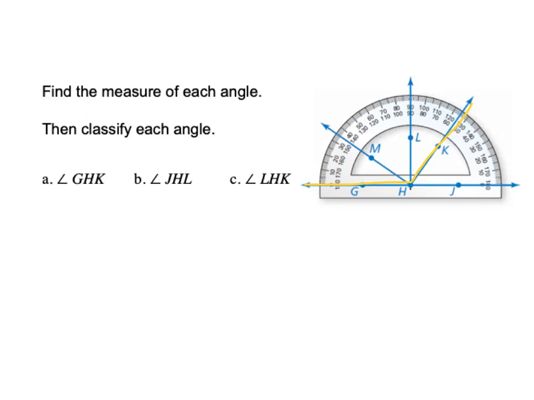Just looking at the angle I've highlighted in yellow, we can see that it's going to be an obtuse angle, so we know it should be greater than 90 degrees. If you look, it goes to approximately between 120 and 130 degrees. It's 125 degrees.